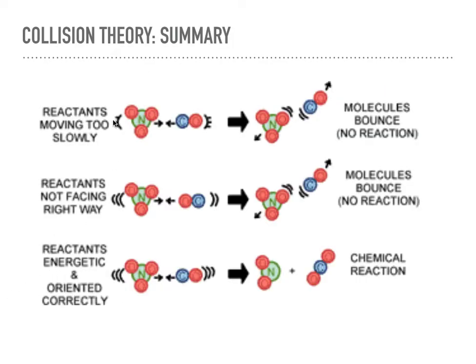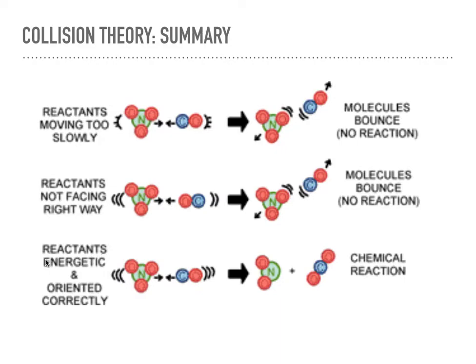Again, if the reactants are moving too slowly, okay, they are approaching each other, but they are too slow. They are going to bounce and nothing is going to happen because they don't have enough energy to break the bonds. If they are not facing the right way, again, they are going to bounce and nothing is going to occur. So we need to have enough energy.